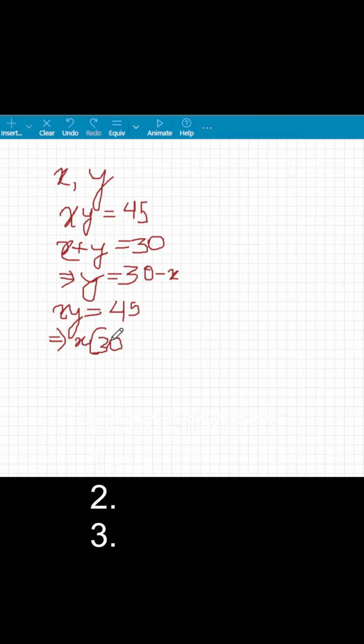So x times 30 minus x is equal to 45. So this will become 30x minus x square is equal to 45.